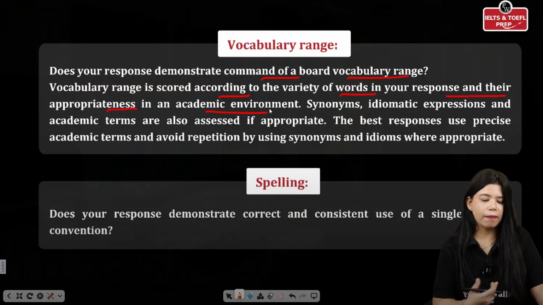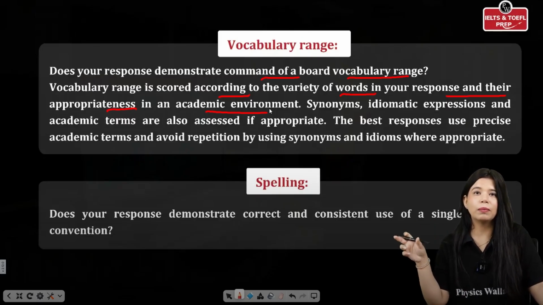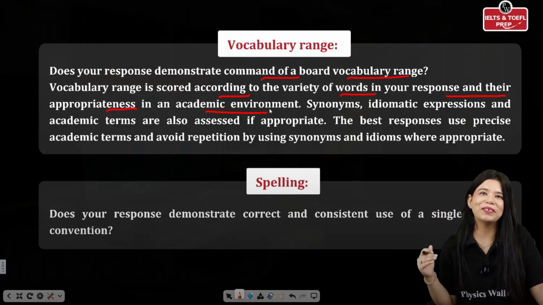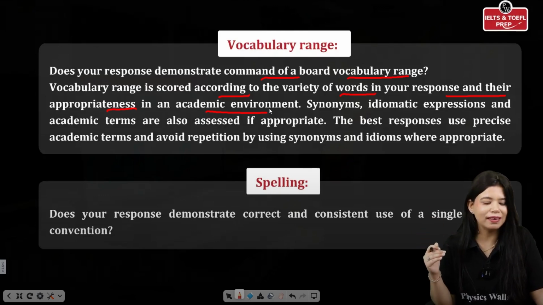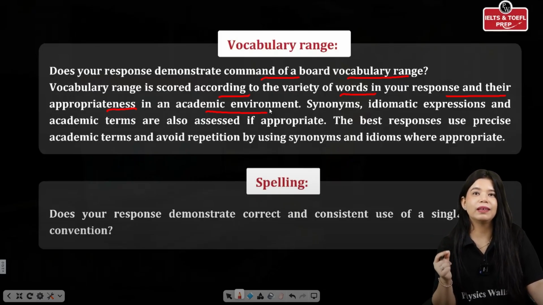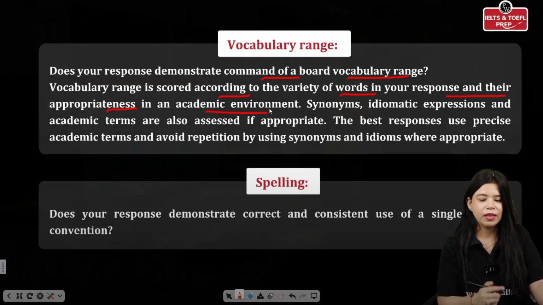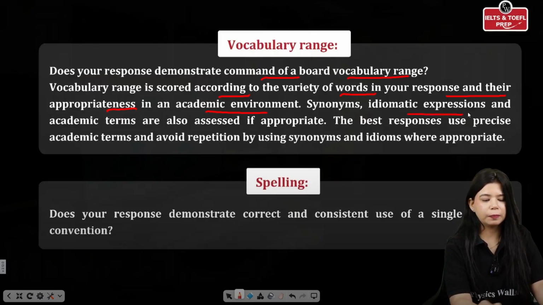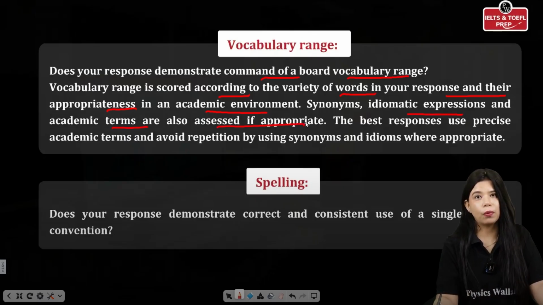So yes, a broad range of vocabulary means variety. If you are talking about, let's say, curfew, what are some varieties of words that you can use here? That's one thing. Second, academic environment. That means you need formal English only, formal words only. Synonyms, idiomatic expressions and academic terms are also assessed, if they are appropriate, if they fit into that context.